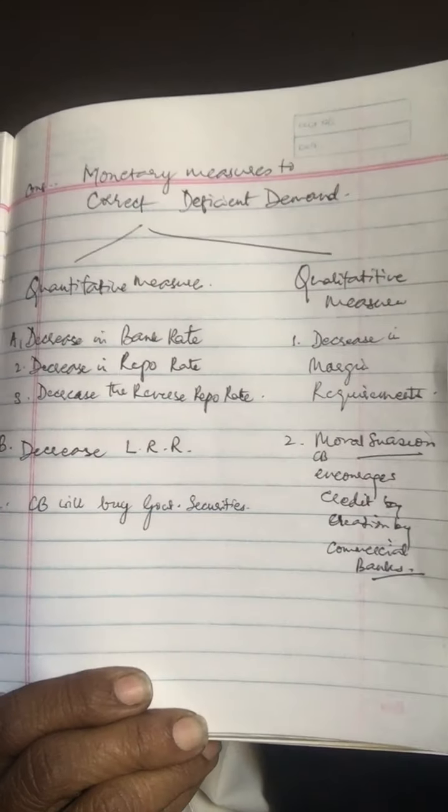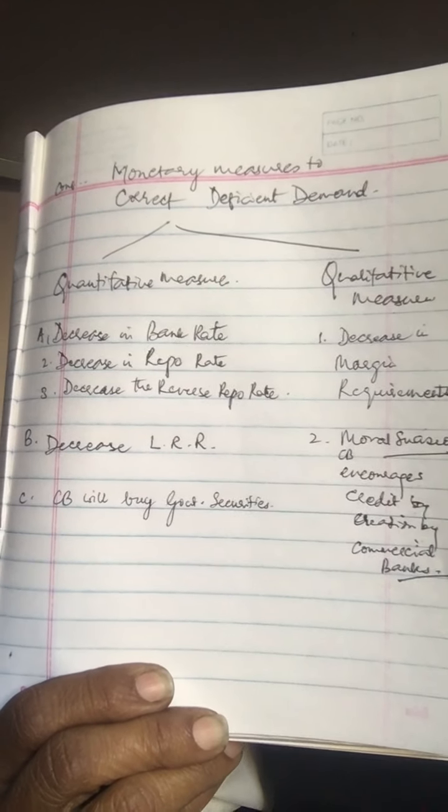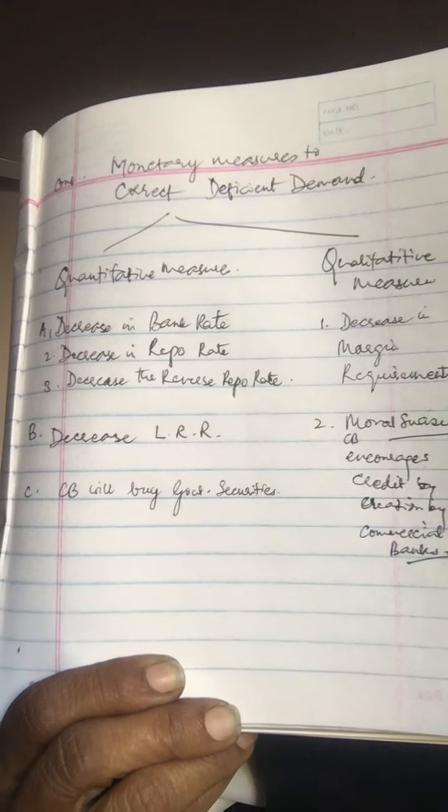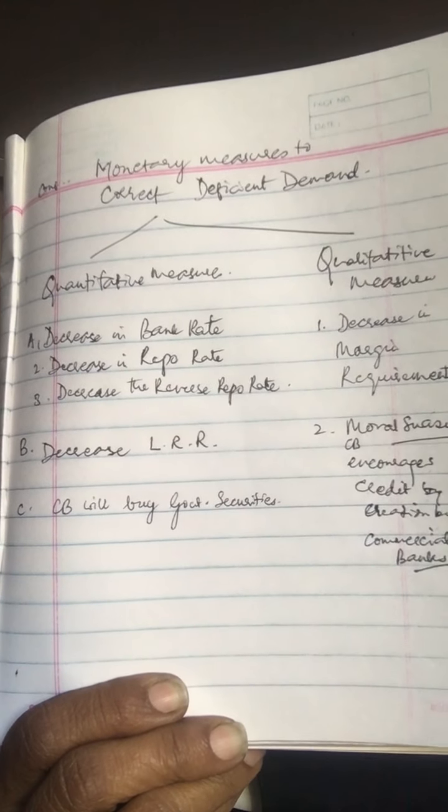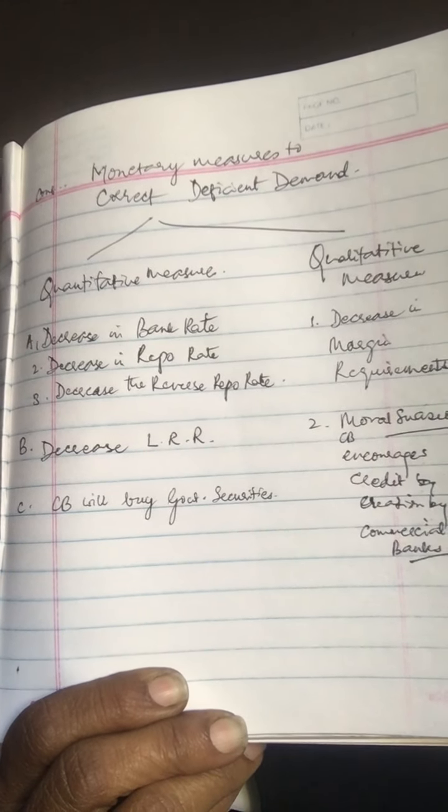So this is for you to see. These are the monetary measures to remedy the deficient demand.